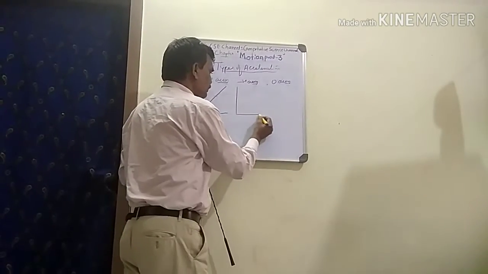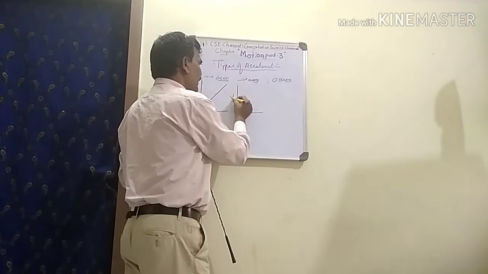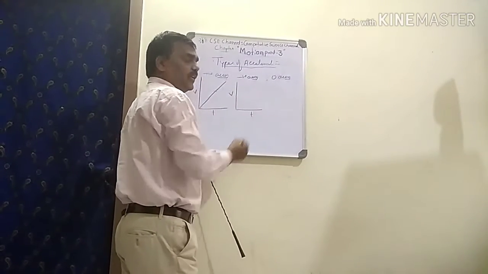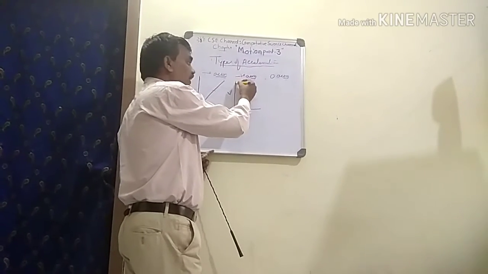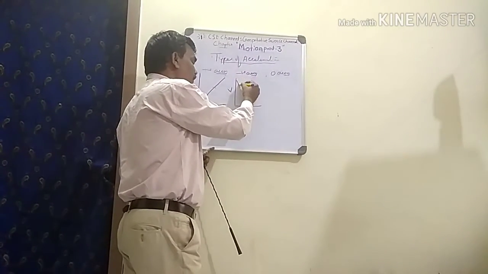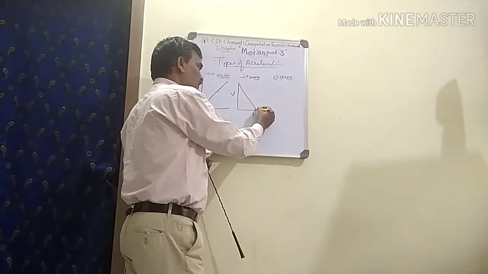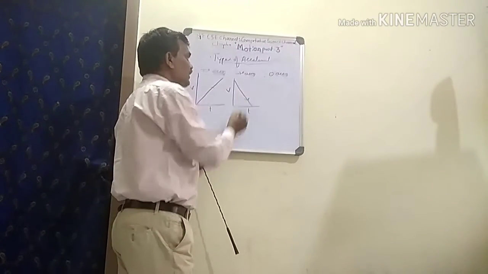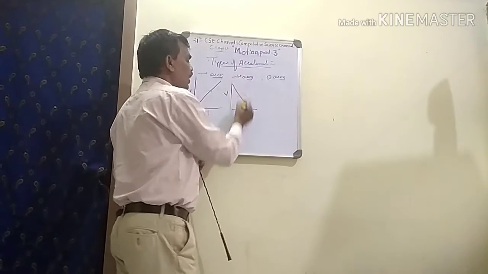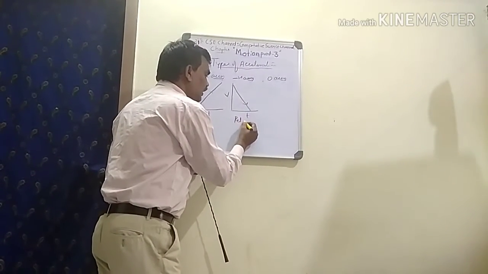Negative acceleration means, again here the velocity, here the time taken. If the vehicle is already in acceleration and it comes down, decreasing, it is called decreasing acceleration or negative acceleration, or it is also called retardation.